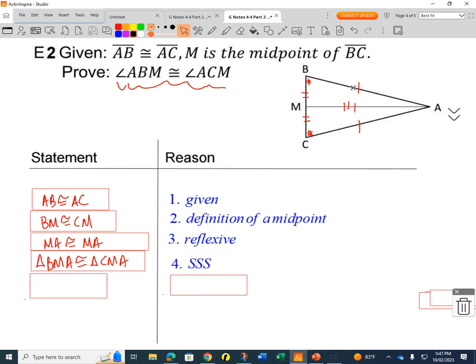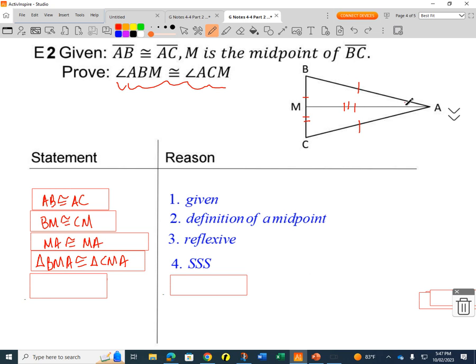Now we know the triangles are congruent. But remember, that's not what we were trying to prove. We were trying to prove that angle ABM is congruent to angle ACM. So now we can say that ABM is congruent to ACM because the triangles are congruent. That means all the parts are congruent.